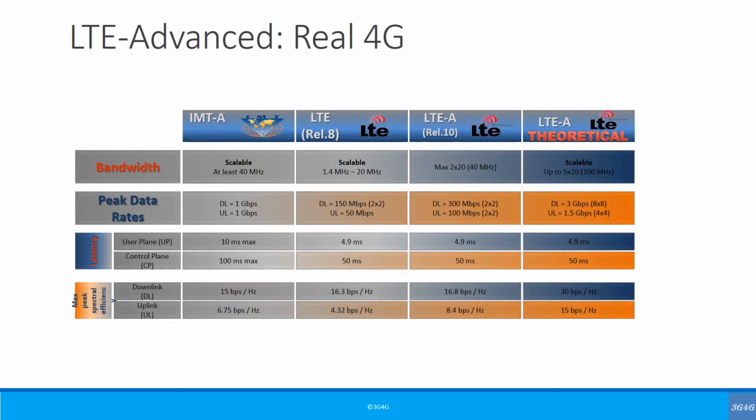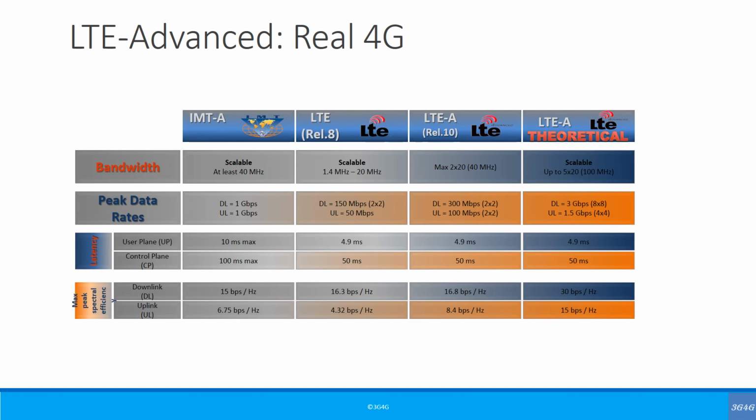And that's what this particular picture shows. So in theory, now in practice it's still not meeting those 4G requirements, but let's not worry about practice. In theory, combining up to 5 carriers can give you a downlink of 3 Gbps and an uplink of 1.5 gigabits per second.